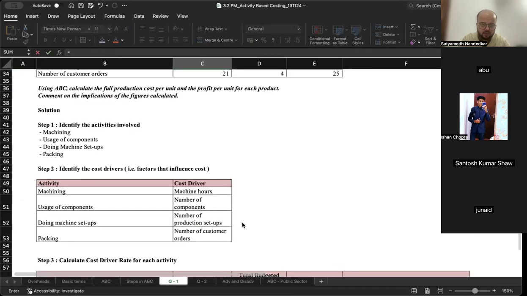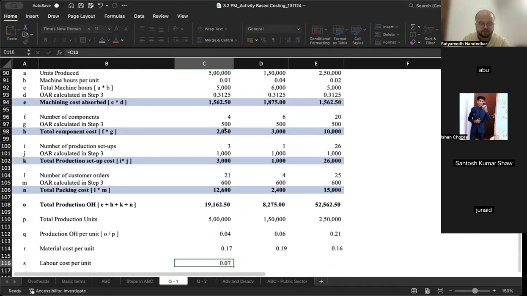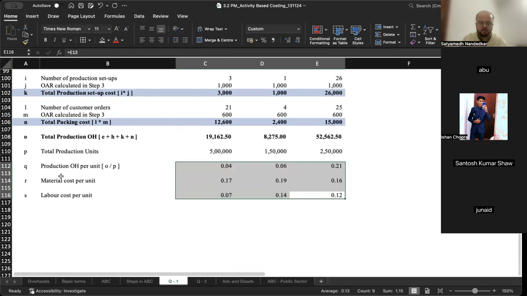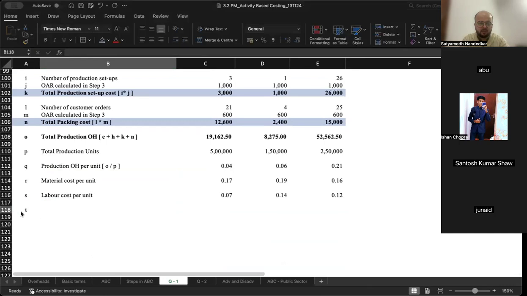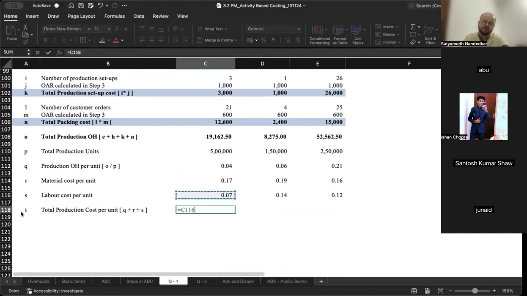Labor cost also you can take it here. I have overheads, I have material, I have labor. I can now very easily calculate my total production cost per unit. What will this be? This will be Q plus R plus S.